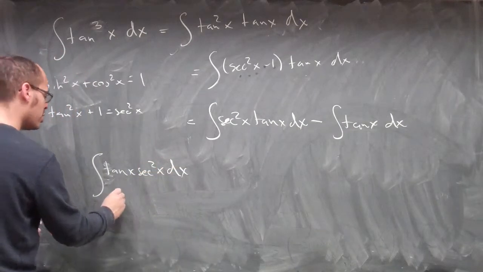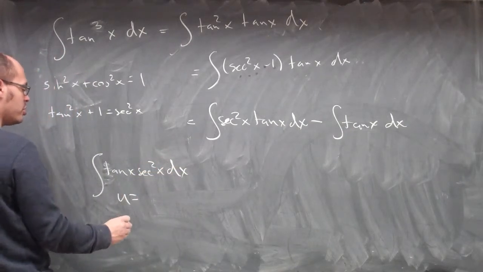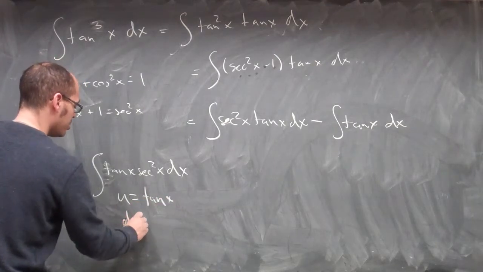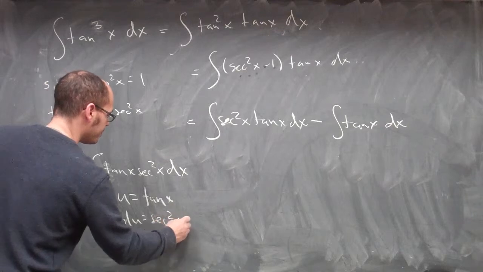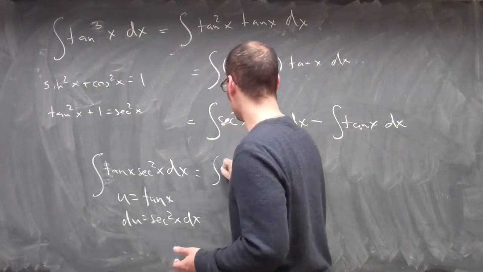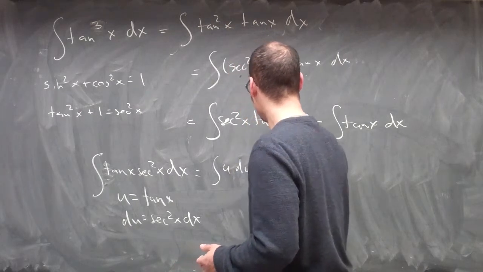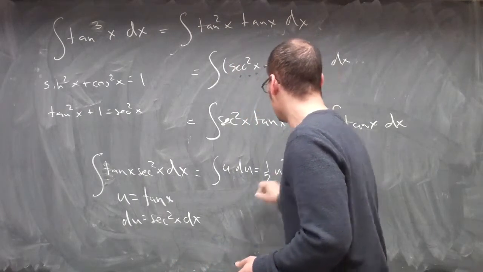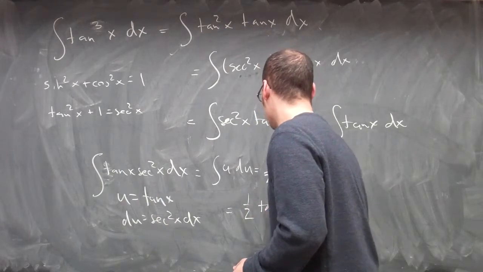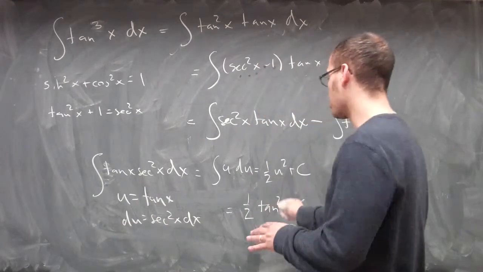For this first integral, we'll make the substitution u is the tangent, because then du is the secant squared, which is exactly what I have. This first integral is just the integral of u du. So I get 1/2 u squared plus c, and u squared is the tan squared, and that's great.